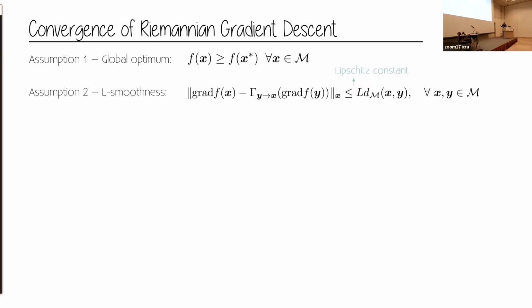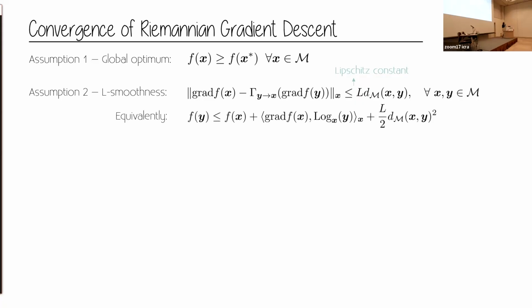What we see here is that the difference between the gradient at x and the gradient of this function at y, parallel transported to the tangent space of x so that we can compare the two gradients, this difference, which is given by the Riemannian norm, should be smaller than the Lipschitz constant times the Riemannian distance between the point x and the point y. So the rate of change of your gradient is limited by this Lipschitz constant.